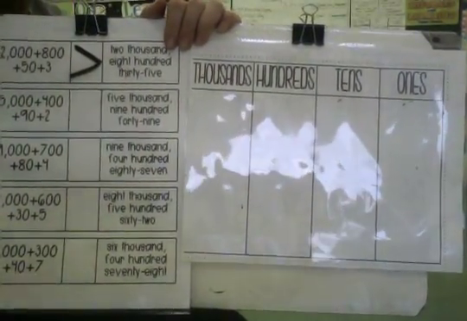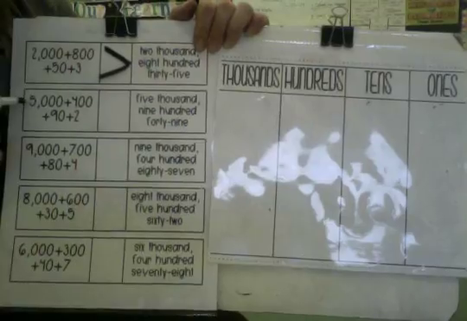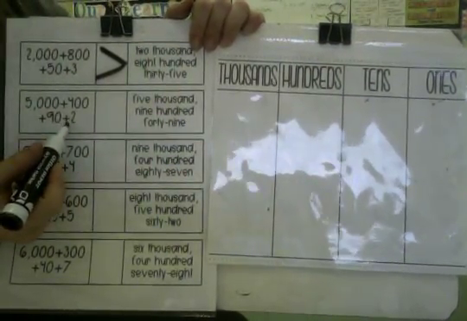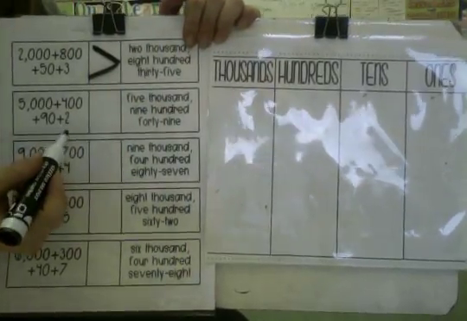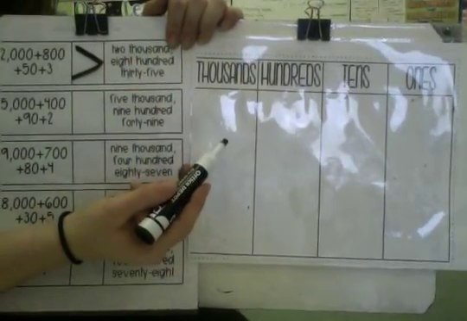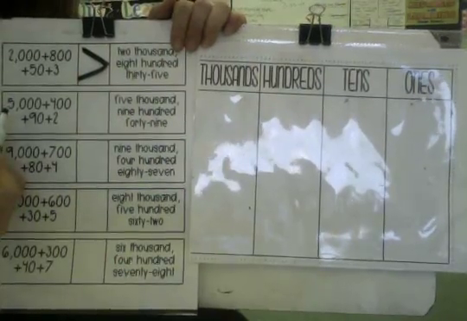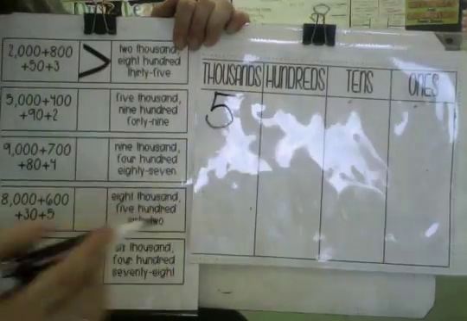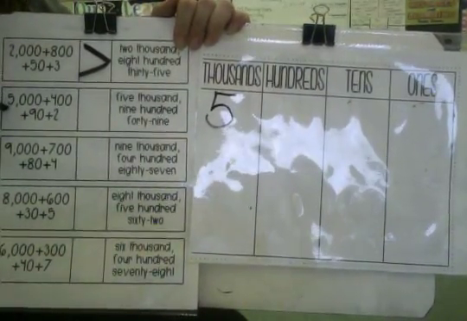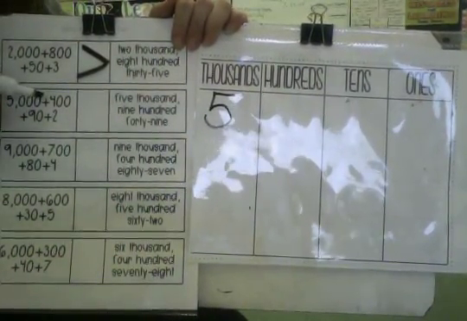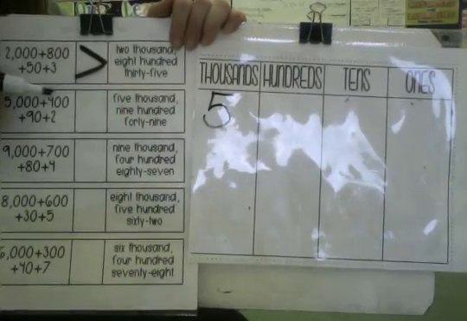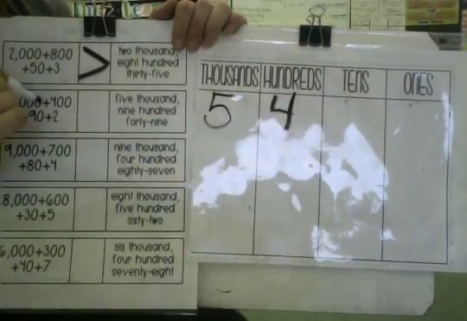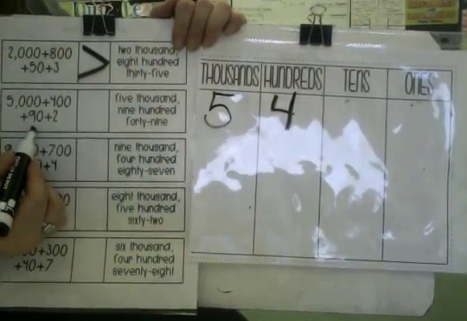Let's take a look at that expanded form again. We see 5,000 plus 400 plus 90 plus 2. Let's put that number into our place value chart. How many thousands do you have? 5,000. Awesome. We have 5,000. Here in our second example, 5,000 plus how many hundreds? 400. Awesome. 5,000 plus 400 plus how many tens?